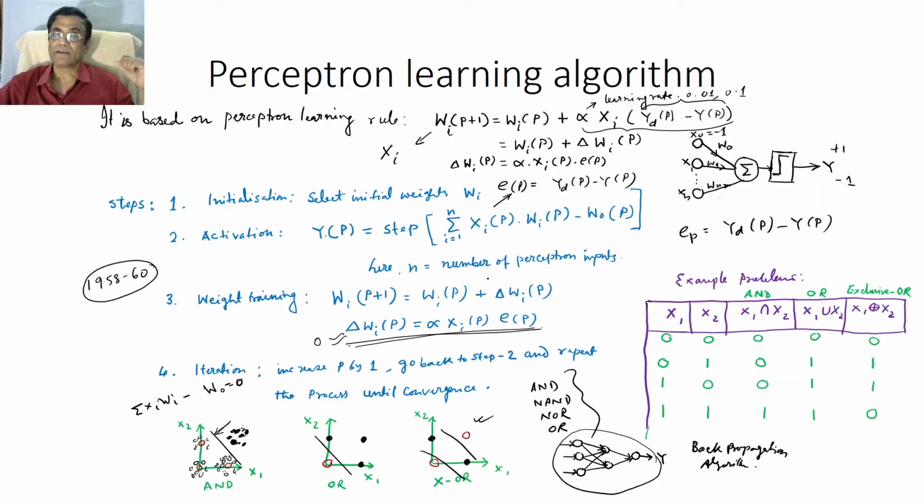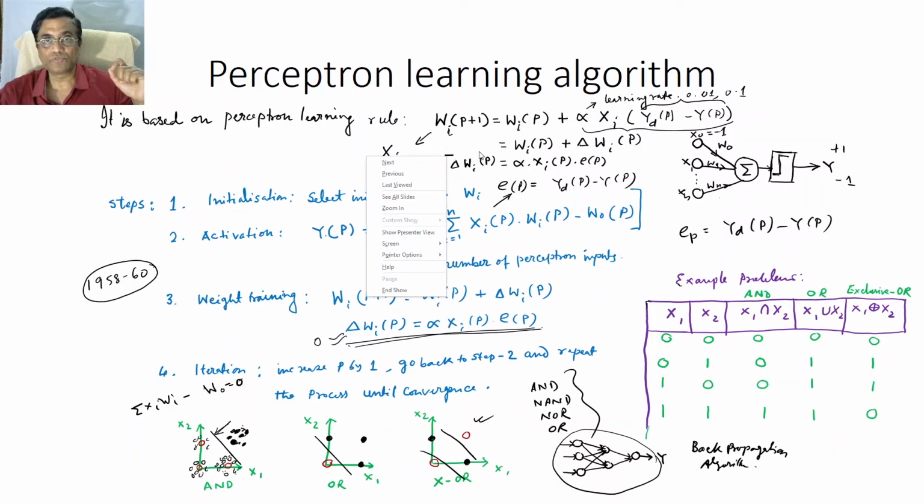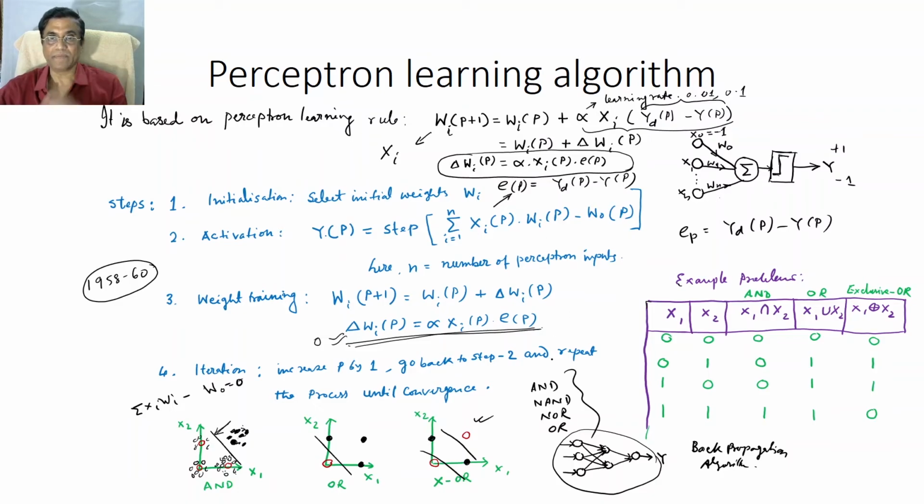So that's why I wanted to give you a historical perspective of the great perceptron learning rule, which is known as the delta learning rule, which could classify linearly separable problems.